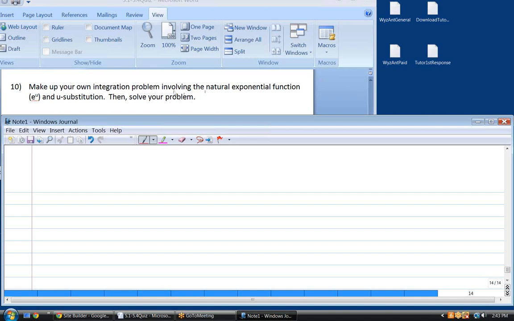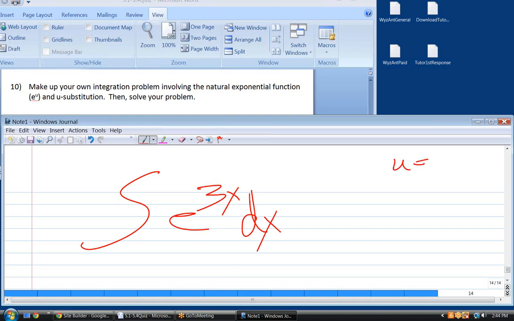Make up your own integration problem involving the natural exponential function and use substitution, then solve your problem. So, make up your own using u substitution. I think you have to have one that would work with u substitution. Even e to the 3x dx. What would u be? Would u be the 3x?